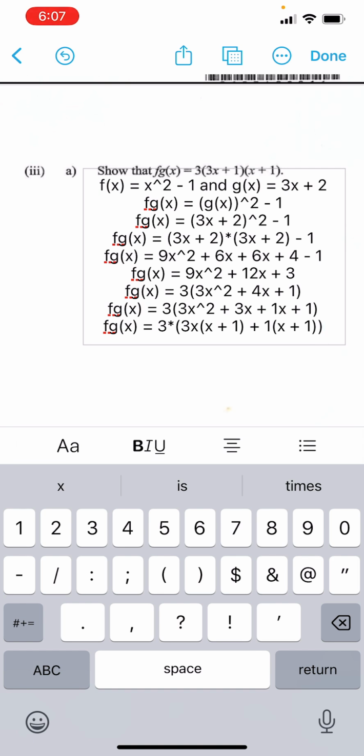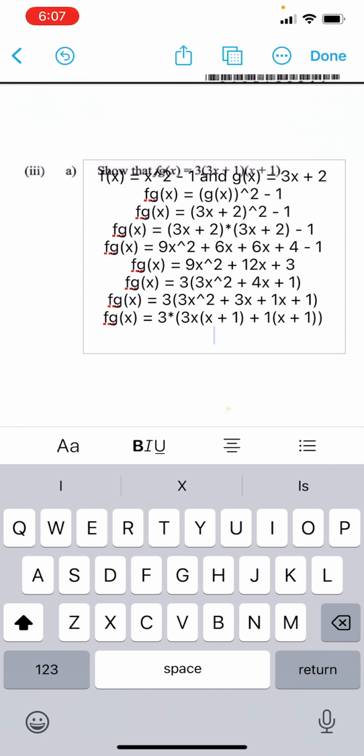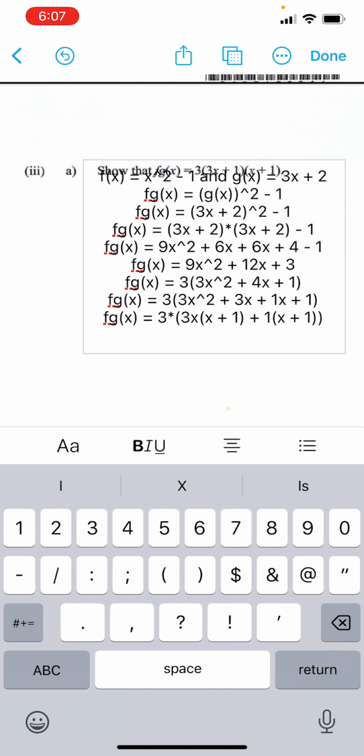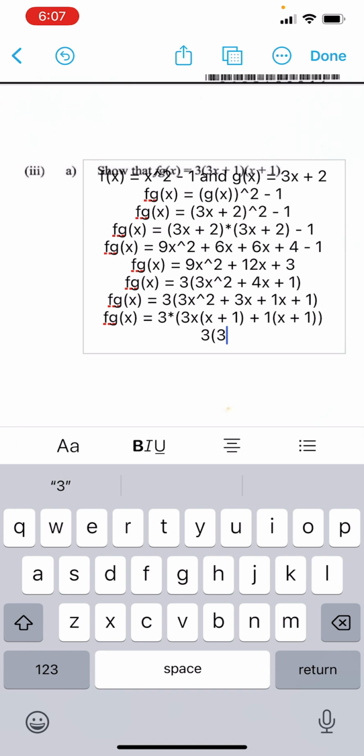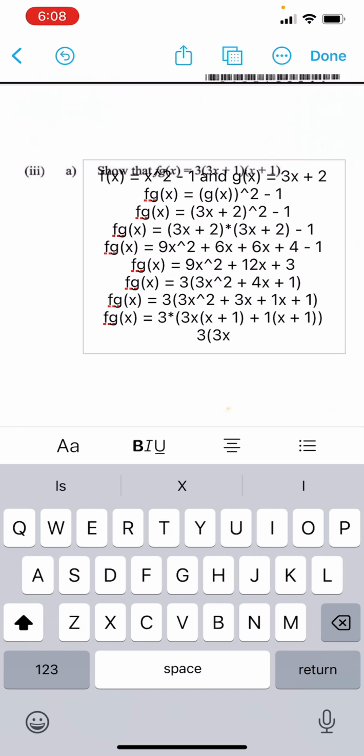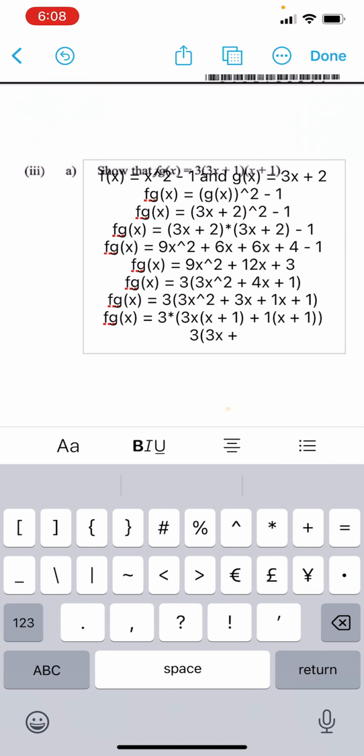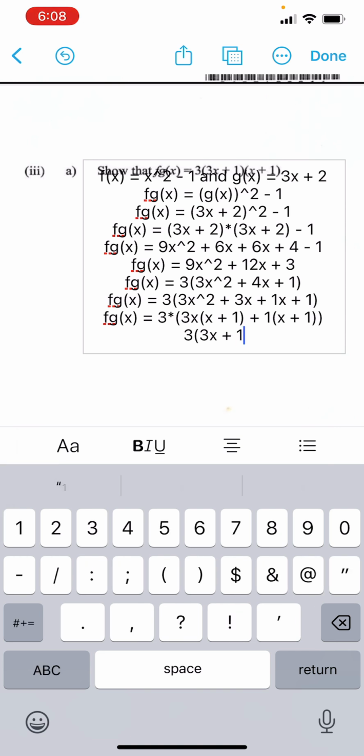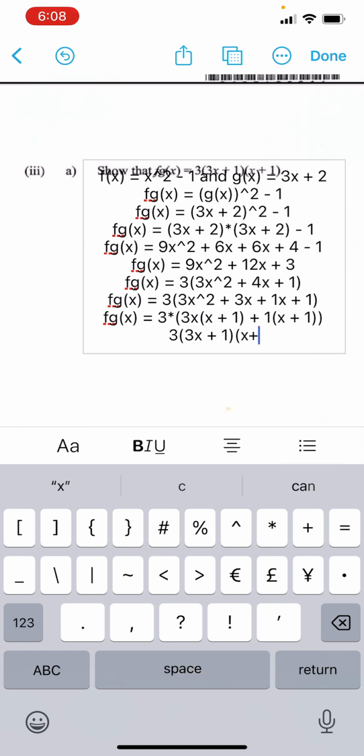Now we see the answer being developed in here. We're going to have a 3, then 3x plus 1 in a bracket, then another bracket with x plus 1.